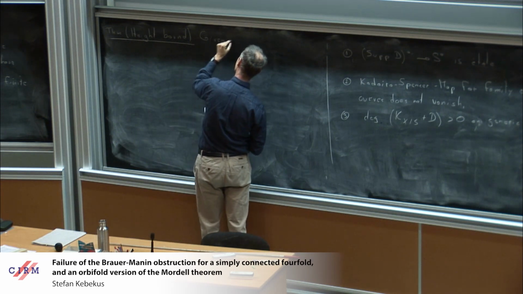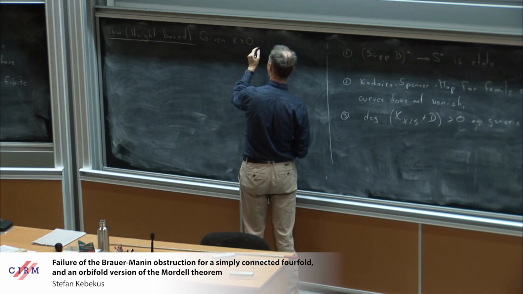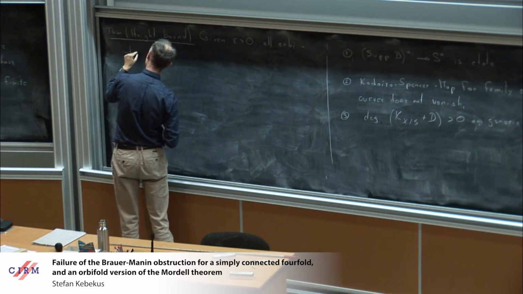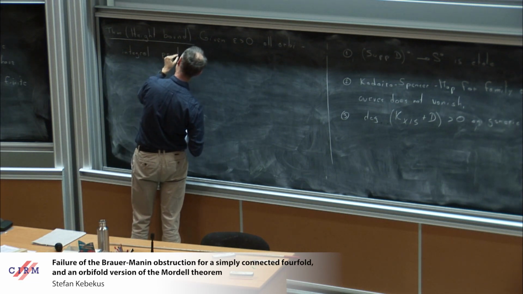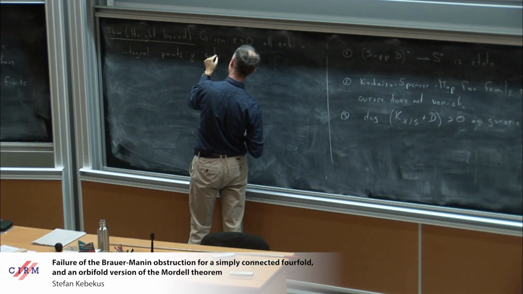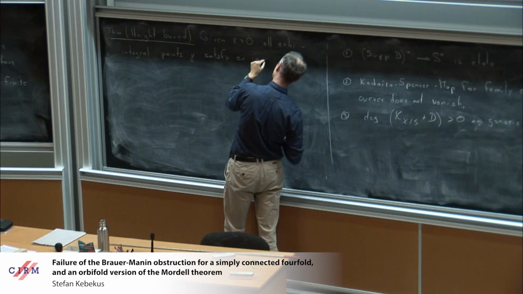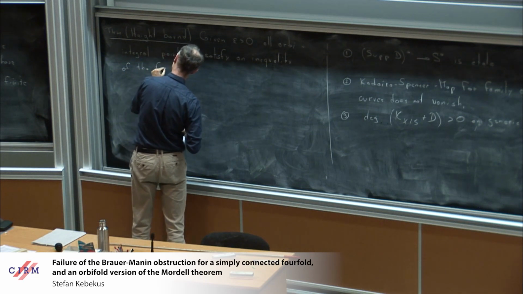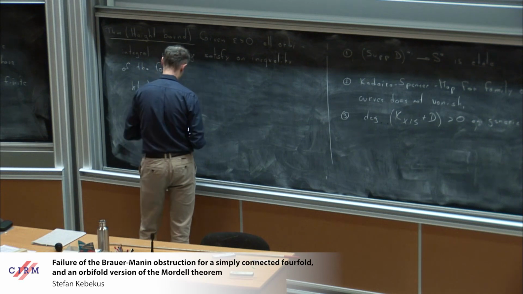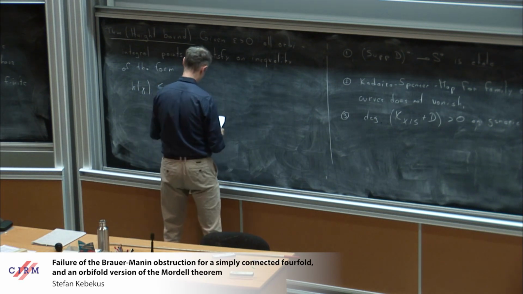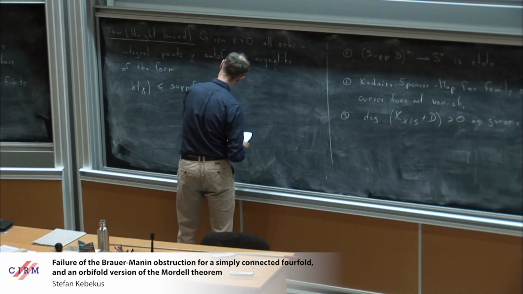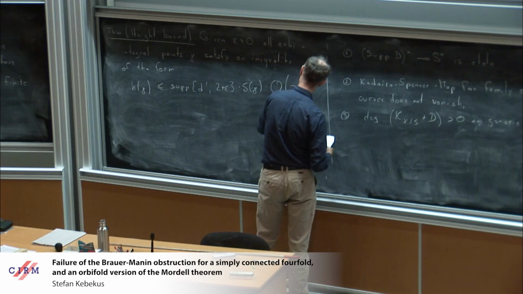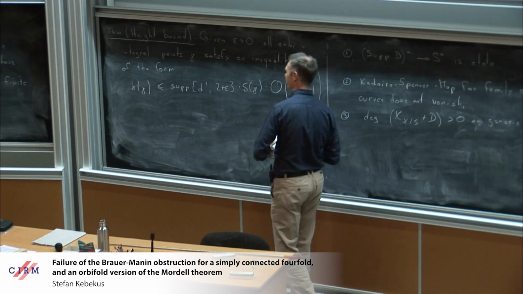So given a positive number, epsilon, all orbifold integral points gamma satisfy an inequality of the form height of gamma is at most the maximum of d prime 2 plus epsilon times the discriminant times O of the square root of the height.